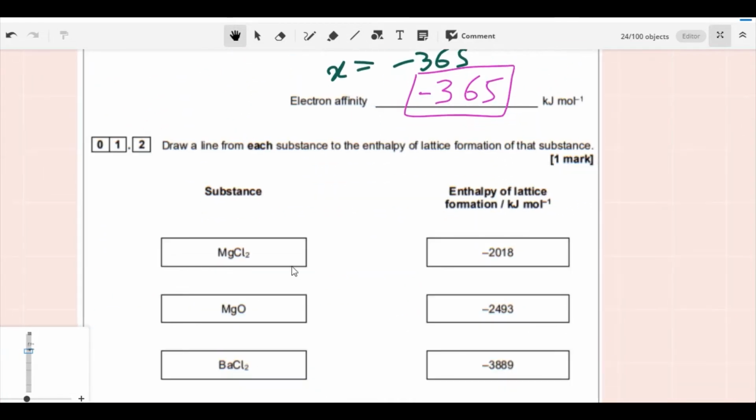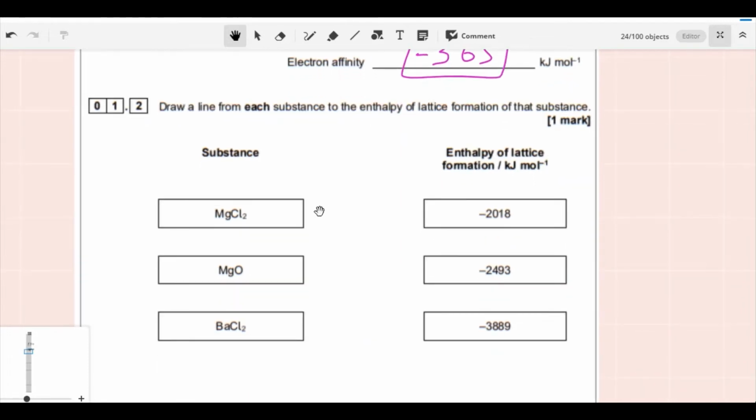Okay, now 1.2, draw a line from each substance to the enthalpy of the lattice formation of that substance. That is a 1 mark question, so you have to draw the lines. As we know, these data are already calculated, and we need to remember these values as well.